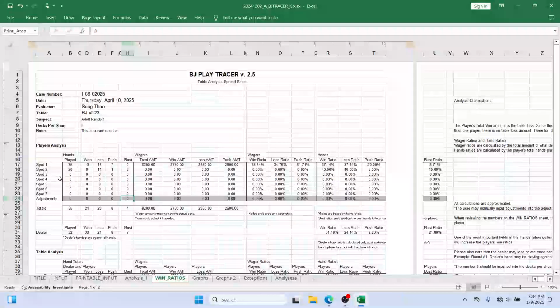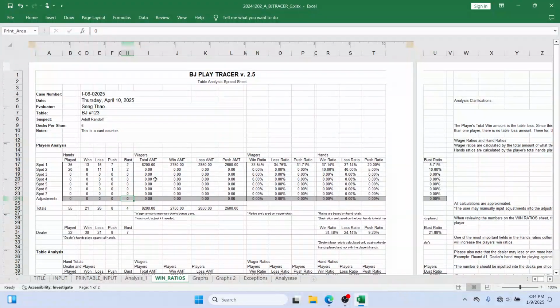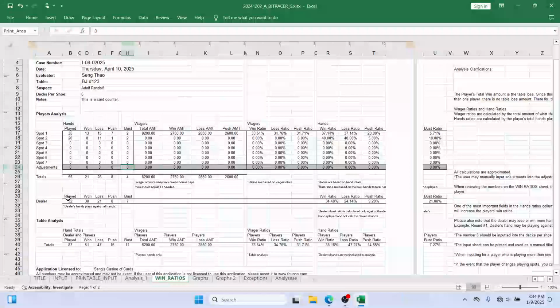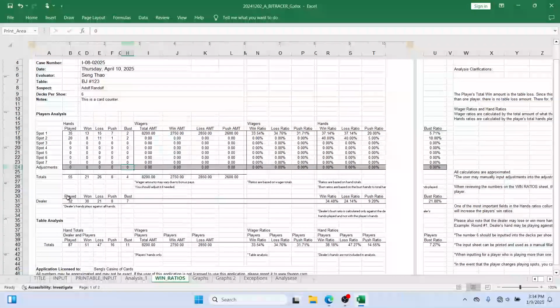This is extremely important because one of the things you'll have to understand if you are running or analyzing a blackjack play is that there are times where a player, and I've had to do this many times over the years back in the surveillance days as a surveillance agent running down players, you want to look at the dealer's play as well to determine why a player is winning.